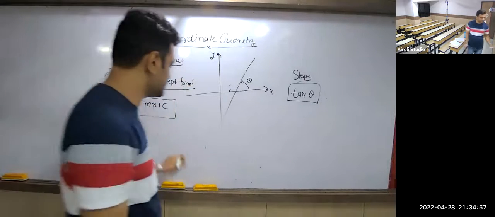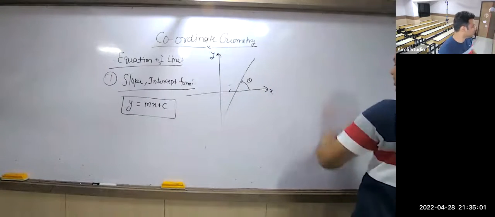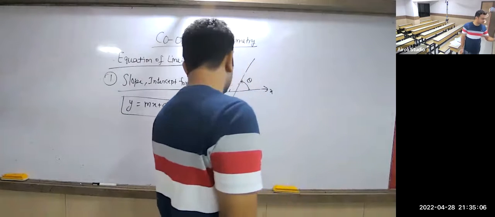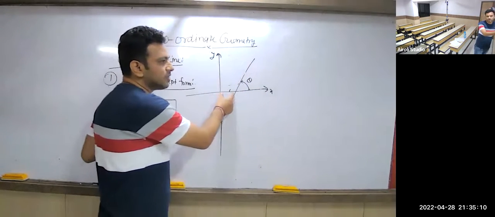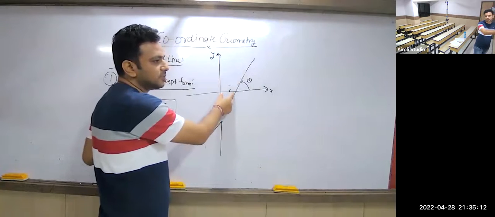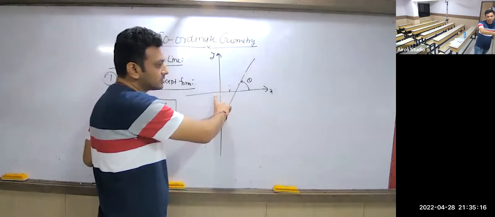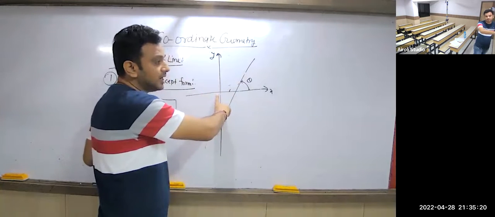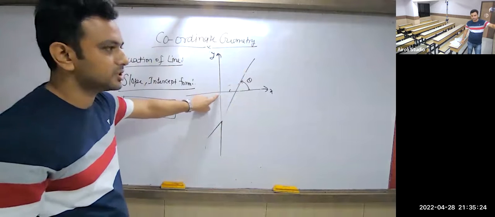Here c is the intercept made by the line with the y-axis. This value will represent the intercept made by the line with the x-axis, and this length will represent the intercept made by the line with the y-axis. We measure the intercept from the origin.